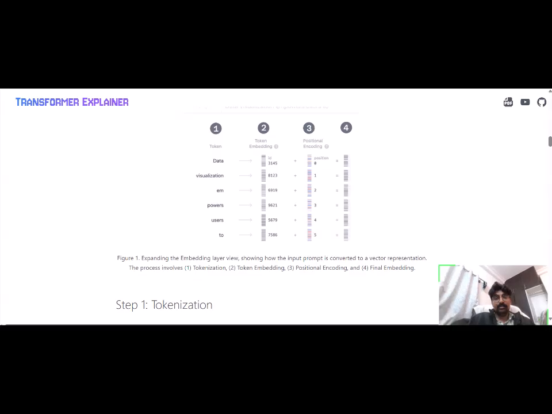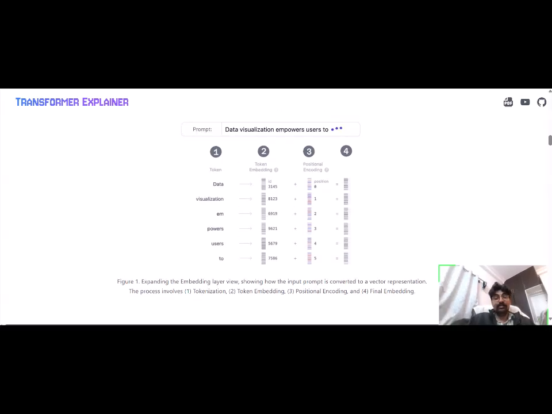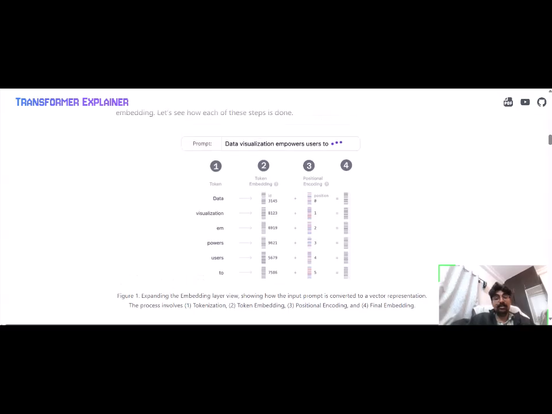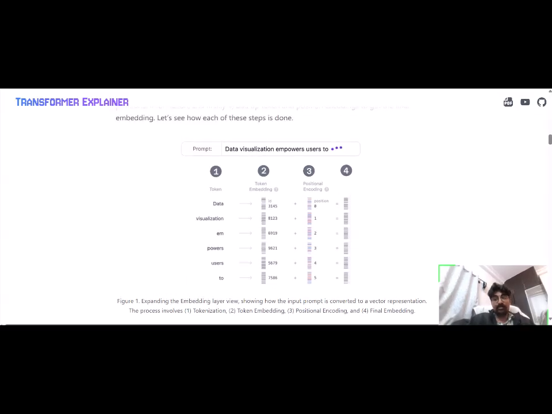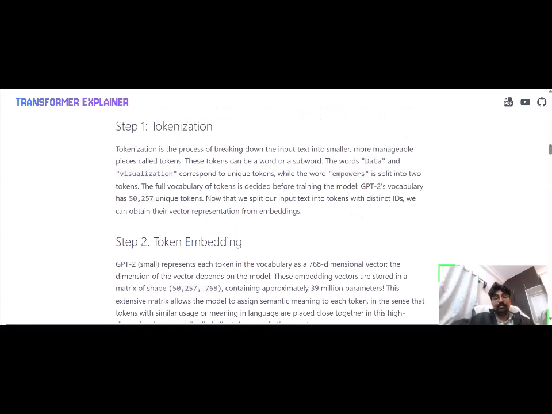The first step is called tokenization. In tokenization, the sentence is split into tokens; one word might also be split into multiple tokens. So data, visualization, empower, and empower is split in two. This is called tokenization.